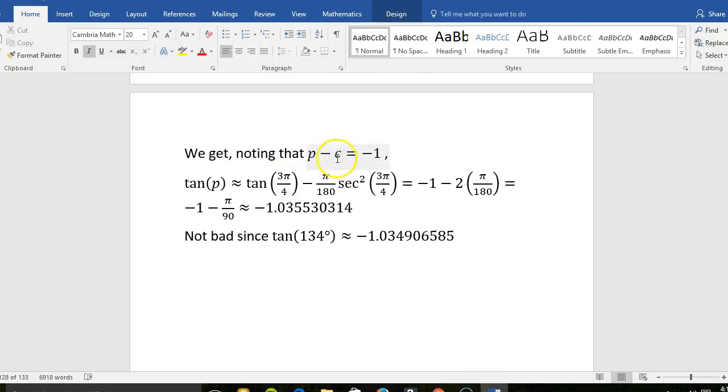Of course, now p minus c is -1 this time, because c is 135, whereas p is just 134. So we get, now the tangent of p is approximately equal to, well, again, this is just 135 degrees. Guys, what I did here is this is 135 times pi over 180. But what I'm doing is 135 over 180, that reduces to 3/4, okay?